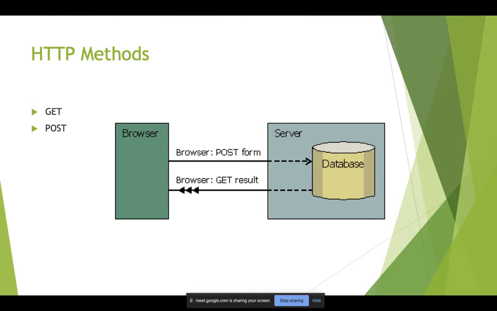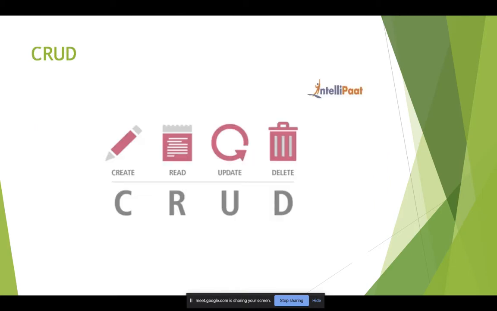But in case you're signing up on a page, you are sending a post request. You have filled the form, and you're sending the data to the server. This is just a vague explanation. This is the scope for now.